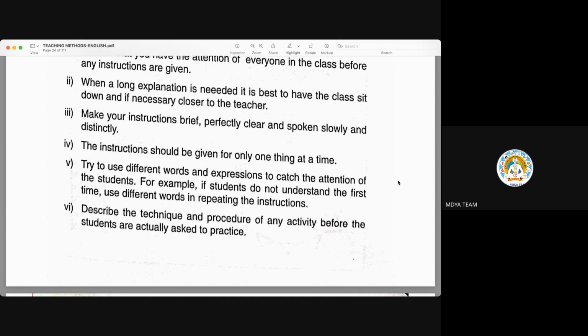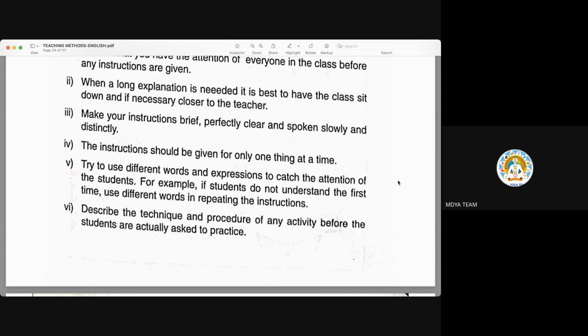You cannot merge two or three practices together and give the theory part or instructions one by one. Not like that. A single instruction for one practice, then demonstration, then make them follow what is being told by you. That way you have to maintain it.